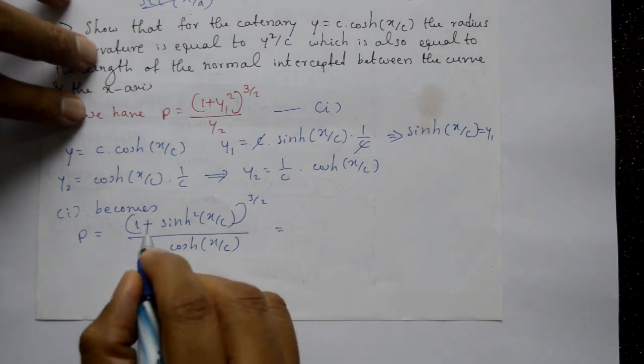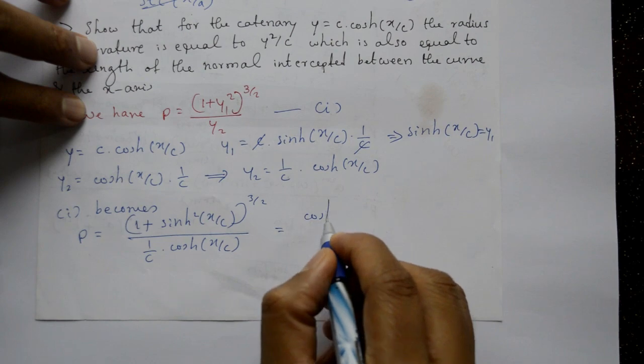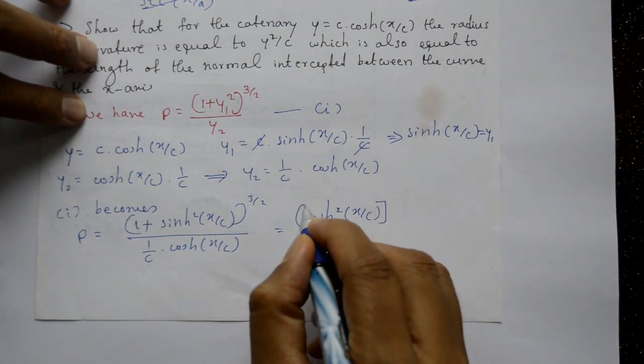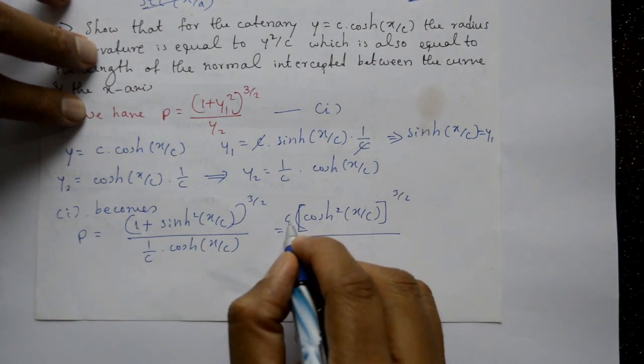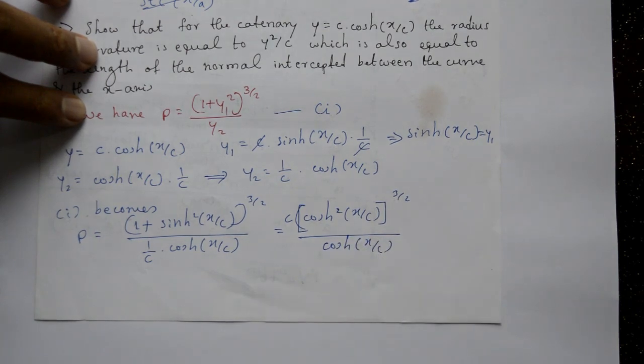Now this is equal to 1 plus sinh squared is cosh squared(x/c), a hyperbolic function identity, and this is raised to 3/2, and this c comes in the numerator, c into cosh(x/c).